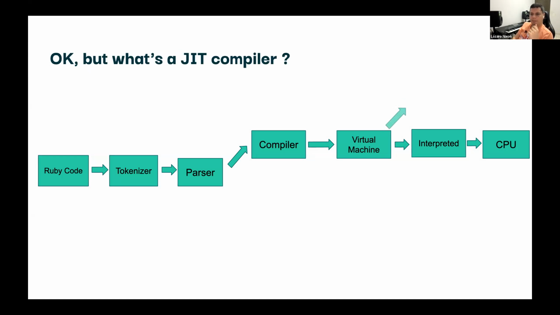On Ruby, actually, I don't know which Ruby version it was introduced, but then we have this YJIT compiler. What the YJIT compiler does is that for the most called methods, it will be translated directly to machine code. It won't be interpreted, but translated directly to machine code, in this case assembly most of the time.